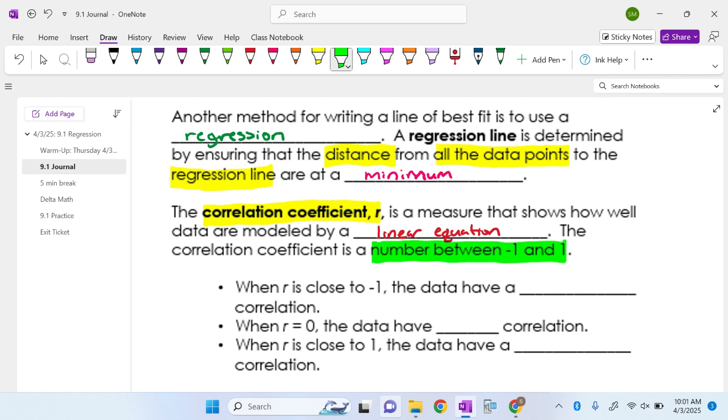When R is close to -1, we have a negative correlation. When R is exactly 0, so it's actually equal to 0, we have no correlation or no relationship between the two variables. And when R is close to 1, we have a positive correlation.